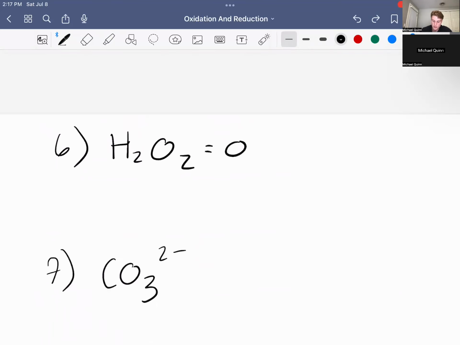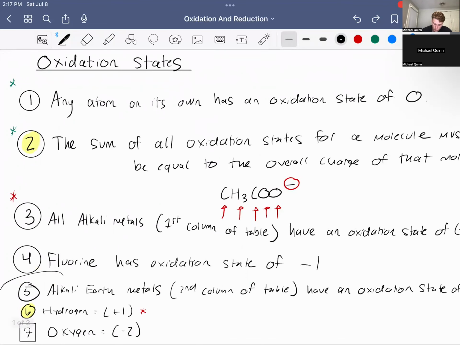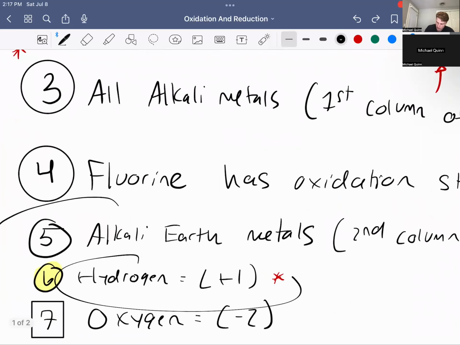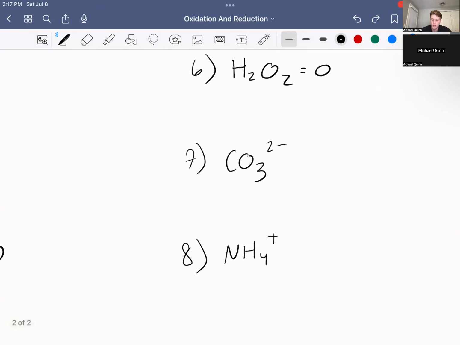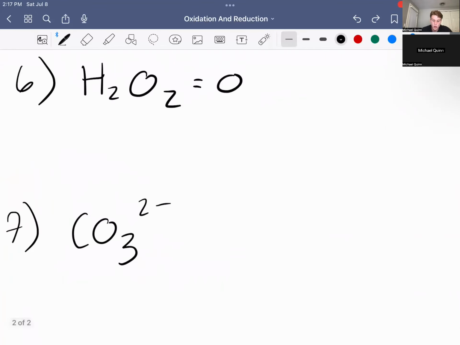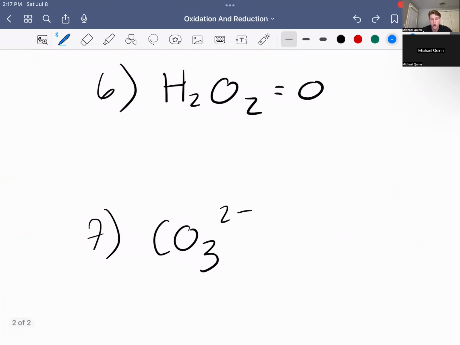So which rule comes first, hydrogen or oxygen? Hydrogen is rule number 6. It has an oxidation state of +1, and oxygen is -2. So we cannot quickly assign oxygen an oxidation state of -2. We have to follow the rules in order. So each hydrogen will have an oxidation state of +1. So there are 2 hydrogens times each one having a +1 oxidation state.